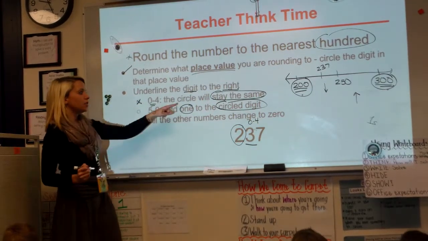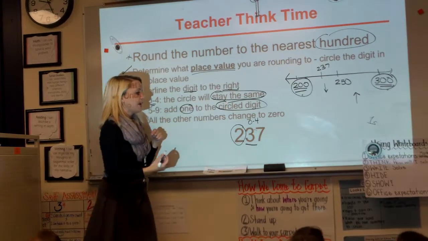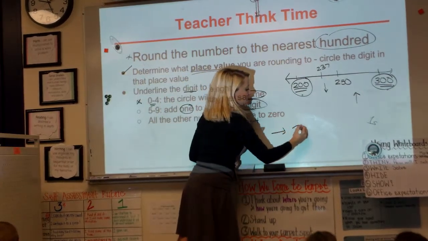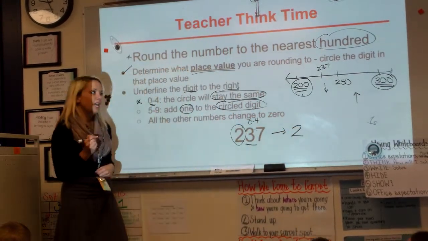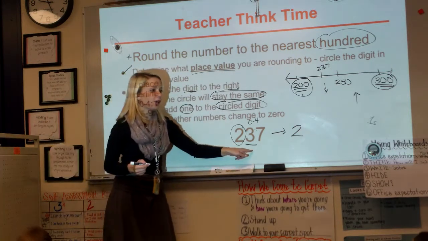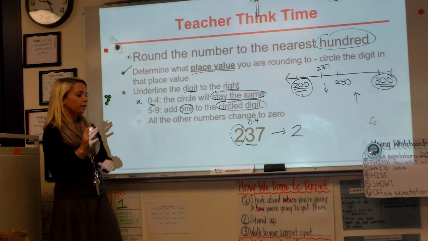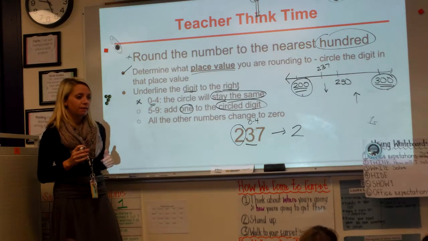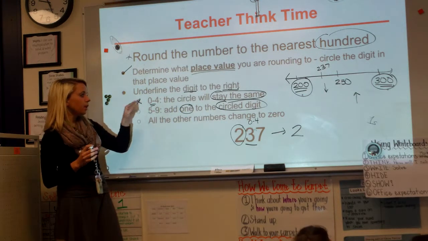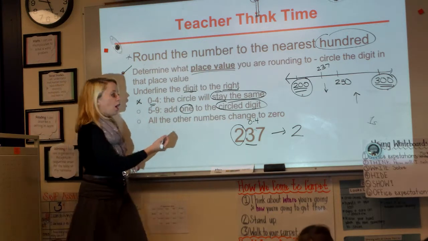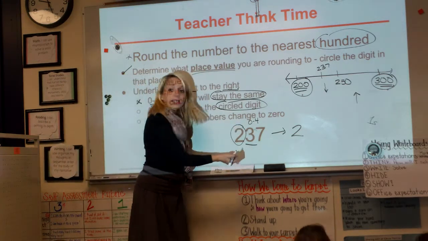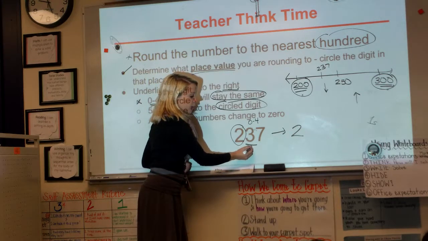I know that 3 falls between 0 and 4, so I am going to stick with keeping my circled digit the same. That will stay at 2 because my underlined digit in the tens is between 0 and 4. Thumbs up if you're with me. Moving on. All of the other digits to follow change to 0.